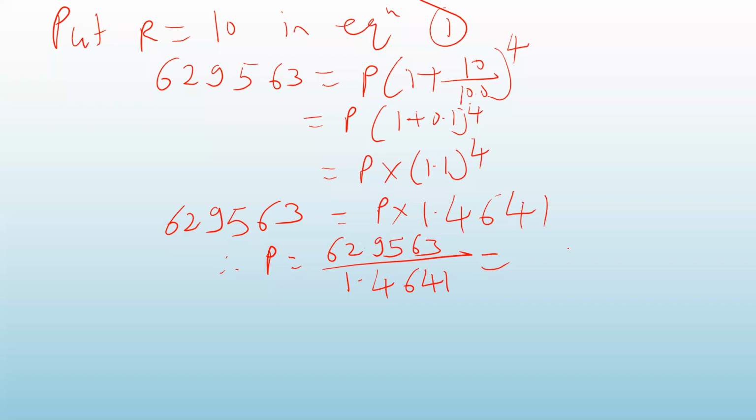That gives you 4,30,000. So that means your principal is 4,30,000 and R is 10%.